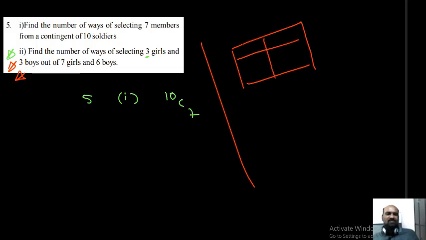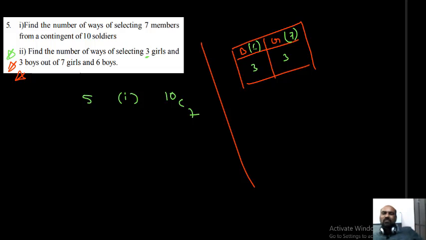Boys, girls. How many boys? 6 boys. How many girls? 7 girls. How many boys do you want? 3 boys you want. How many girls do you want? 3 girls you want. Okay, students.